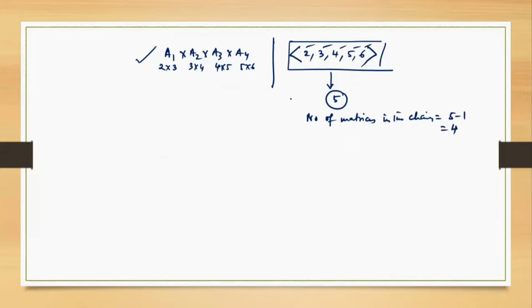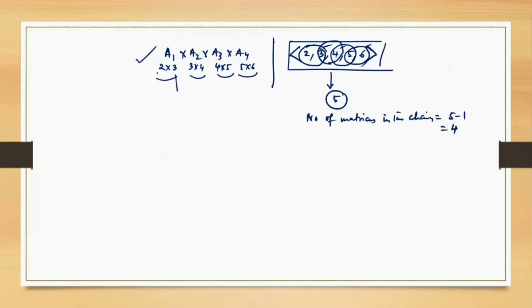How can you get it? The first 2 is the dimension of A1. Second and third is the dimension of A2. Third and fourth is the dimension of A3. And fourth and fifth is the dimension of A4.